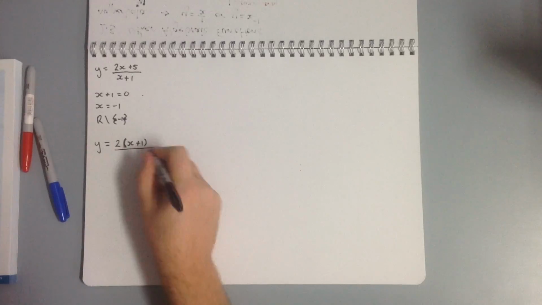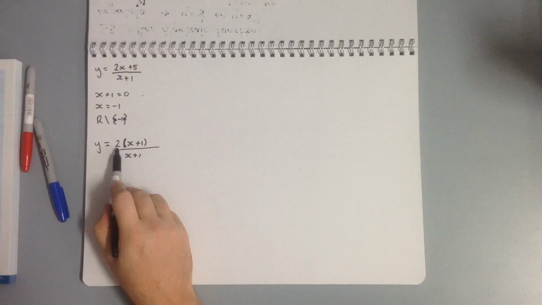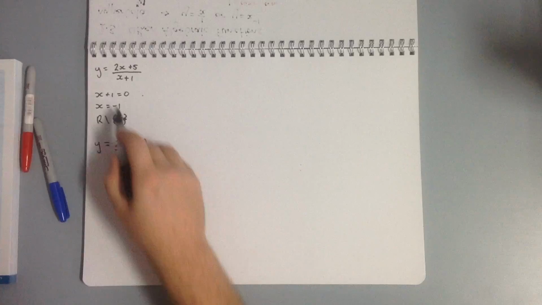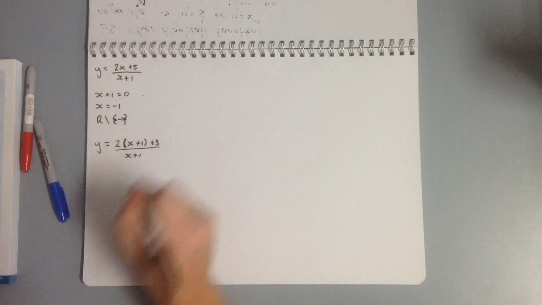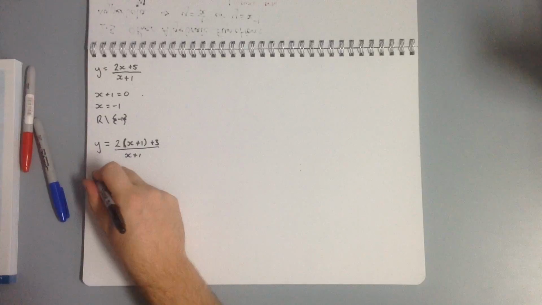We know this is going to be over x plus 1. Now if we expanded this bracket, we get 2x, which we needed, plus 2, but we actually need plus 5. So what we do is we go plus 3. Now the top line is everything that we need.